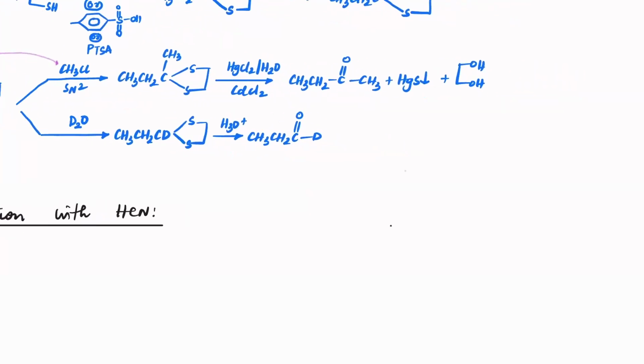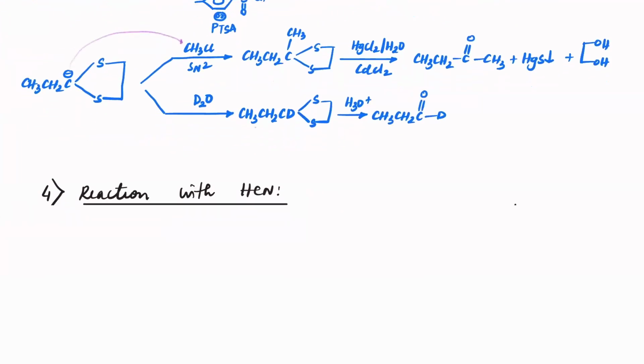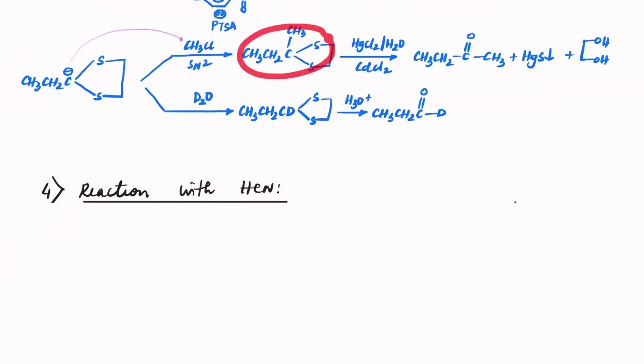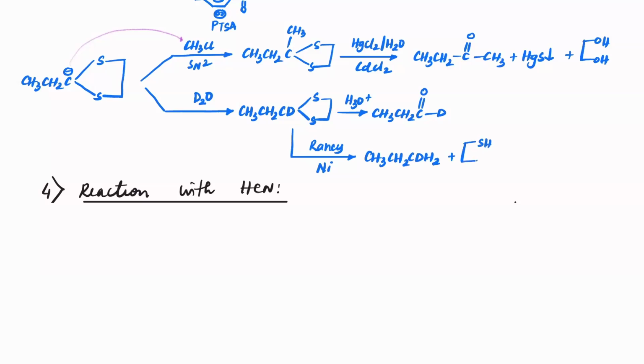And now notice the case here, whether you have the above case or the below case. In any of these cases, if I treat this with Raney nickel or a strong reducing agent like H2 nickel and so on, then what do I get? CH3, CH2, CH2 plus SH and SH. Correct.